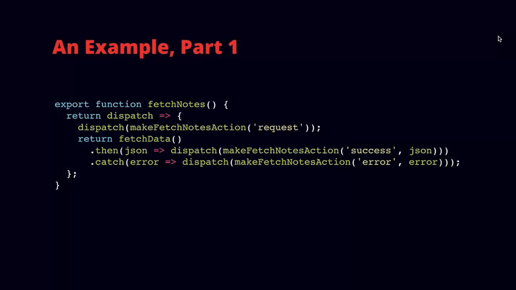Our success callback for that promise is a function that takes the JSON that's returned by fetch data and creates a new action that puts that JSON as its payload with status success and dispatches that. And our error handler, again, is a function that takes error as an argument, creates an action of type error with the error as a payload, and dispatches that.